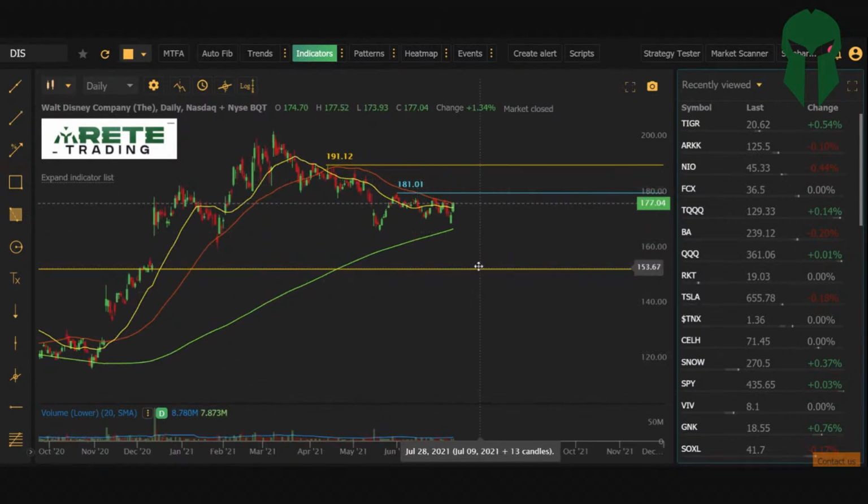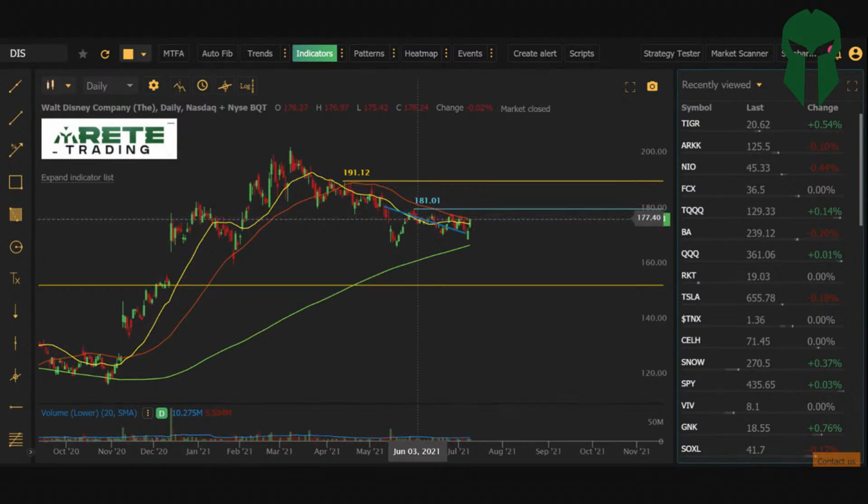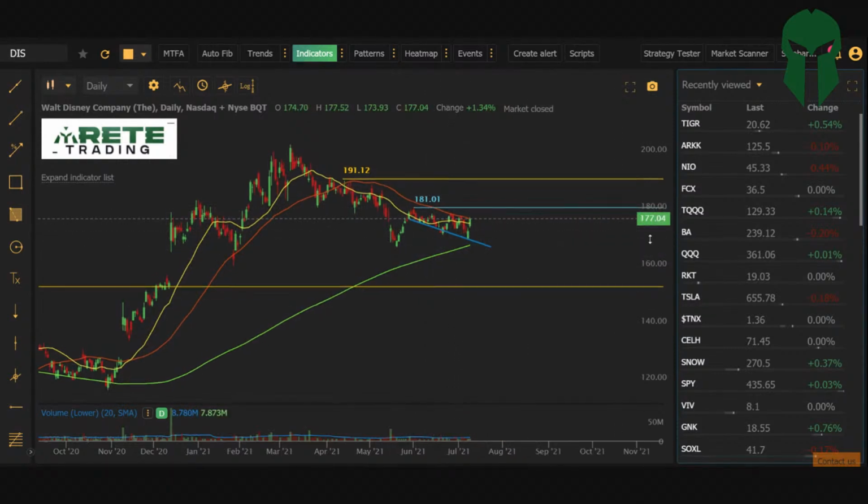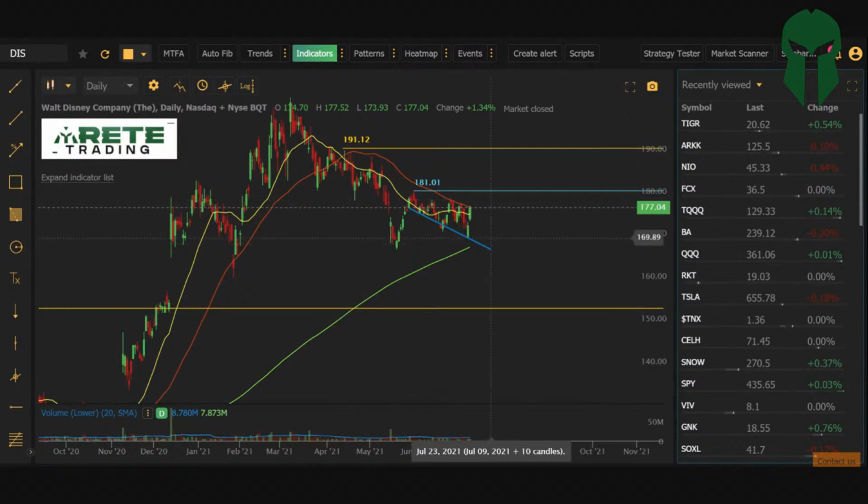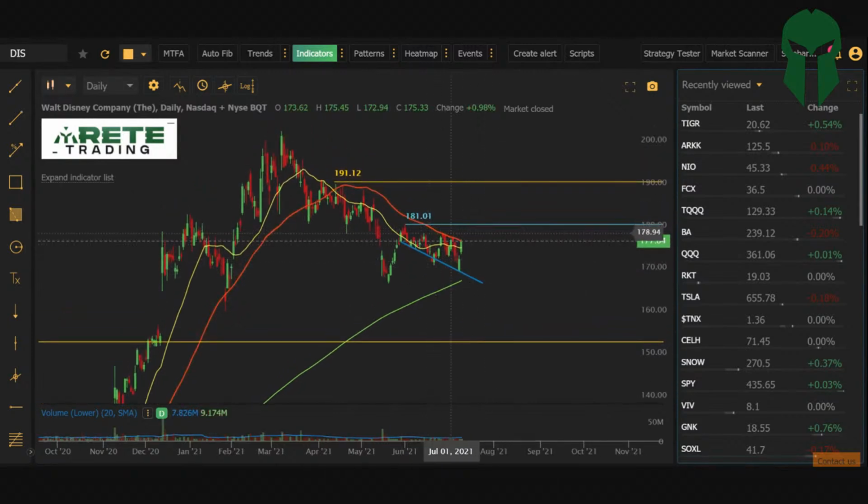The biggest issue I see with Disney is you're in this trading range and you're trying to break it and having a heck of a time with it. You undercut it here, bounced, keep going. Here's your larger issue: you're unable to get above that 50-day moving average, and that's something you're going to have to address.